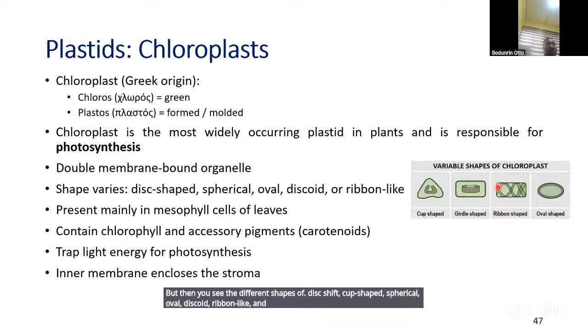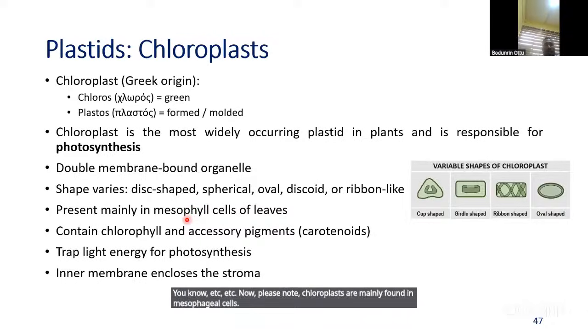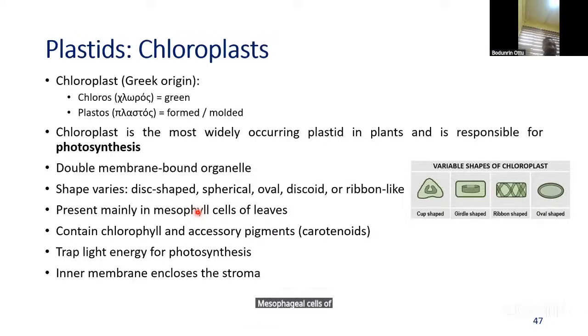And if you look at the figure on the right, you can see some of the shapes: girdle-shaped, ribbon-shaped, oval-shaped, etc. Now, please note, chloroplasts are mainly found in mesophyll cells of leaves, and they contain chlorophyll and accessory pigments, so carotenoids, but the major pigment is chlorophyll, which is responsible for that green color that you see.